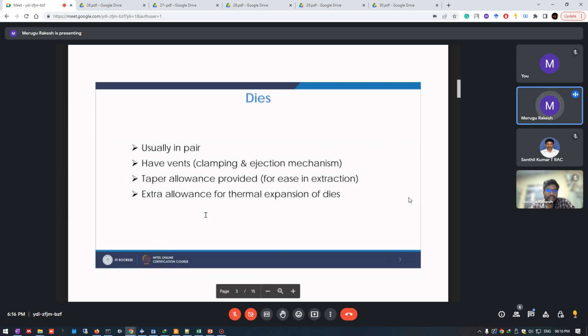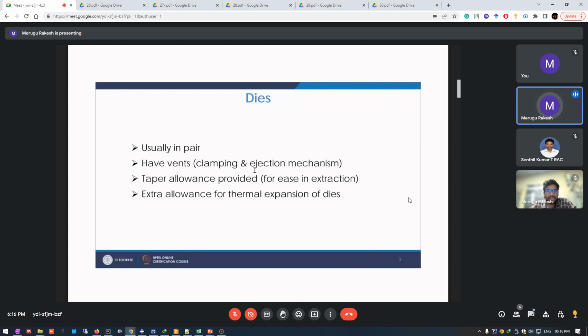Dies are nothing but a replica of the component that we are going to produce. There will be a parting plane, and the two dies will be in pairs. They will have vents, usually provided as a path for escaping air.